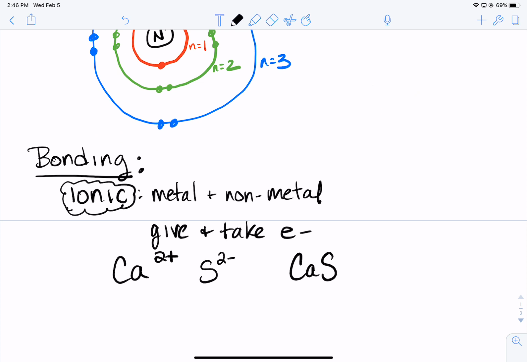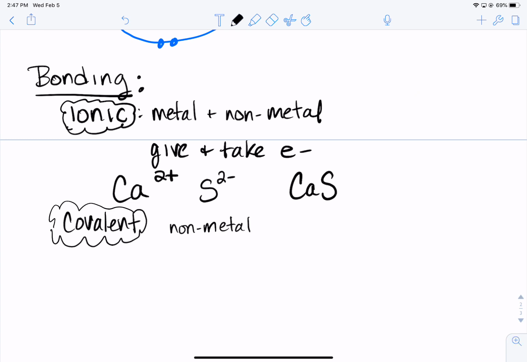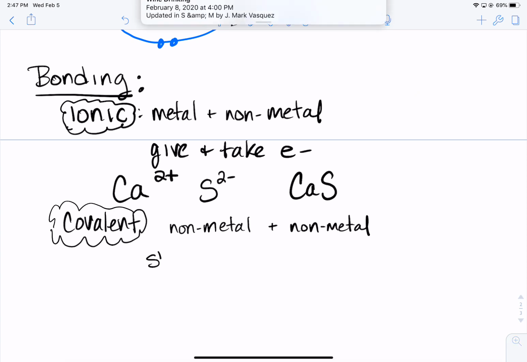Now the other type of bond is covalent. Covalent is between nonmetal, nonmetal. And this is where it shares electrons.